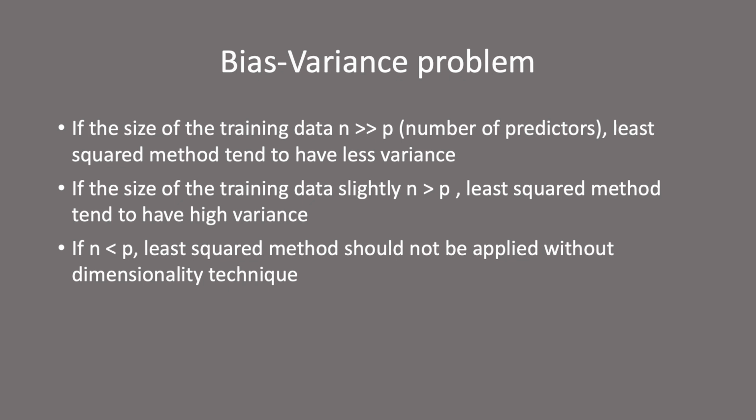And in the other case, where n is lower than p, the least square method should not be applied without a dimensionality reduction technique. The least square method can be linear regression, or other regression methods like lasso, for example.